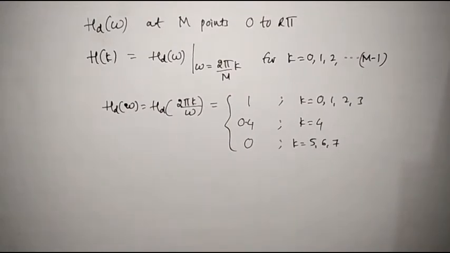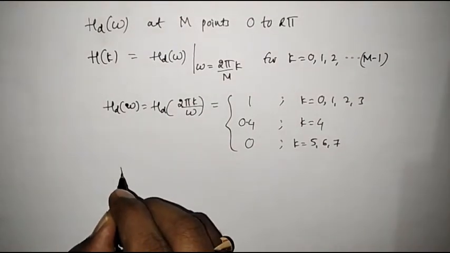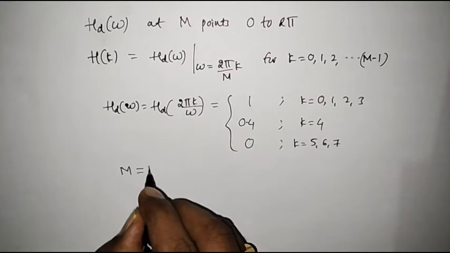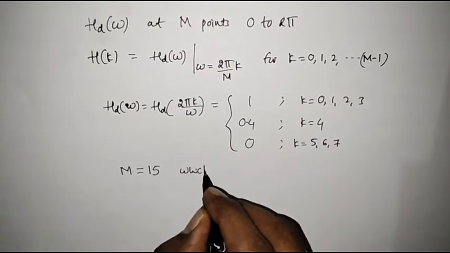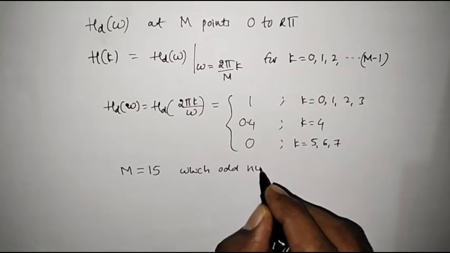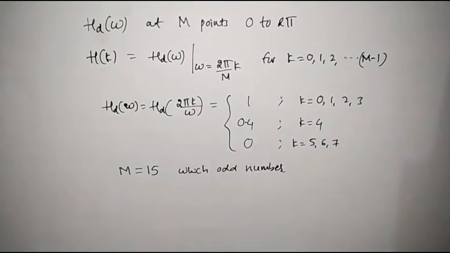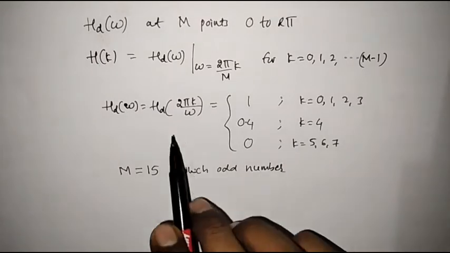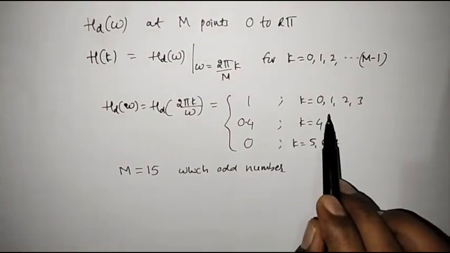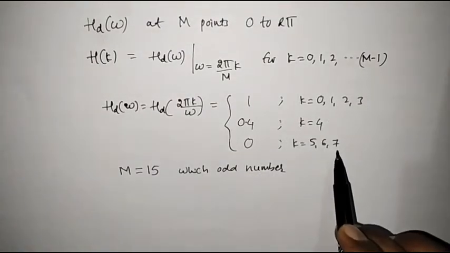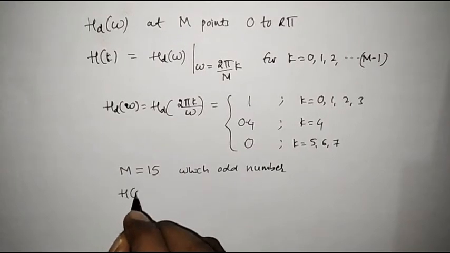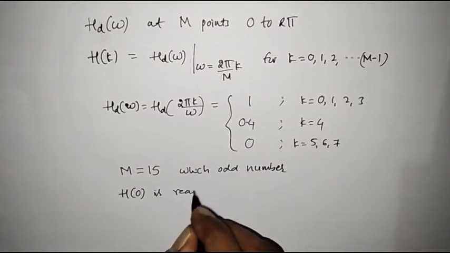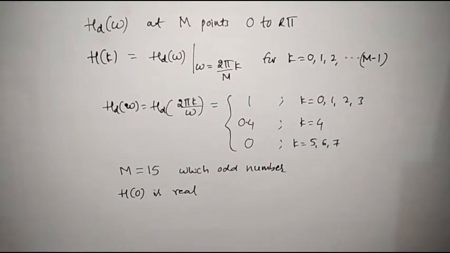Here, in the problem, it is given that M is equal to 15, which is an odd number. H_d of omega is defined only for k from 0 to 7, but we are supposed to consider M equal to 15. In such a case, we know that H of 0 is always real.